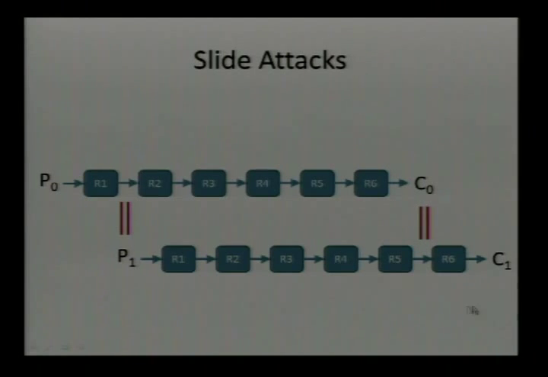When you get a key out there, you encrypt P0 with that key for one round and see if it matches P1. If it did, then you have a slid pair, and you know the key is right. I have an example on the website. I have a cipher with 100 rounds stacked back to back, and this beats it in less than a second. So adding more rounds is not always the answer, but it helps, especially if it's a good cipher.